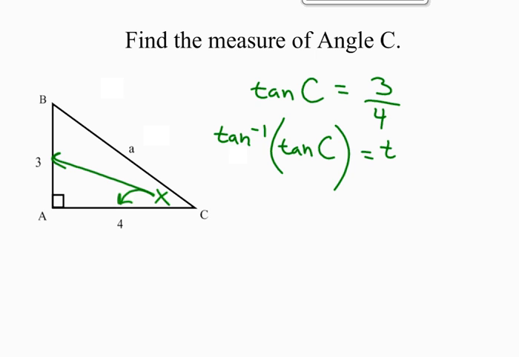So we have to do the inverse tangent of 3/4. So the inverse tangent undoes the tangent, and that's what gets us our angle C by itself. And now we can plug the inverse tangent of 3/4 right into our calculator.